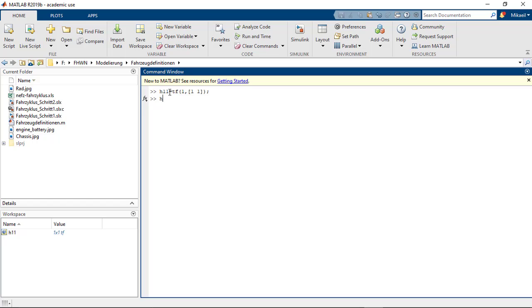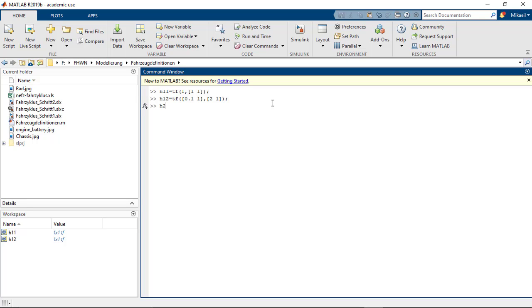Also for H12, equals transfer function, numerator of H12 is 1, 1, and denominator 2, 1.